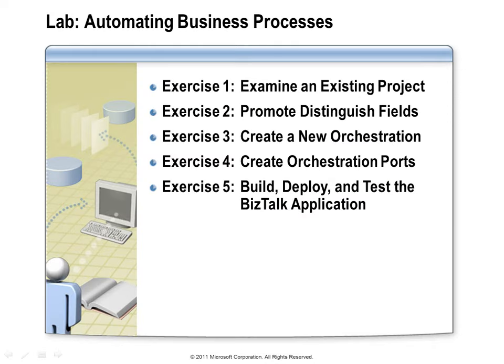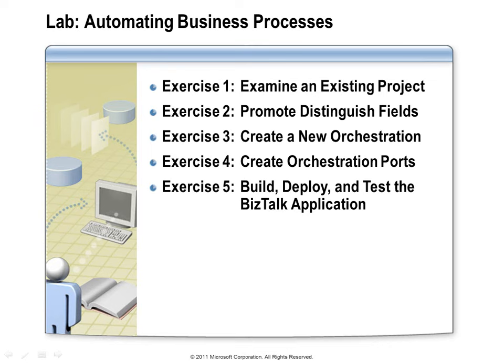In this lab, you'll start off with the AdventureWorks solution you've been working with all along, and you're going to implement a new orchestration that knows how to process credit orders. This will look similar to what you saw in the demos, but not exactly. You're going to start off by promoting a series of distinguished fields, and then you'll make use of those in a new orchestration that you create. Amongst other things, you'll be setting up some orchestration ports.